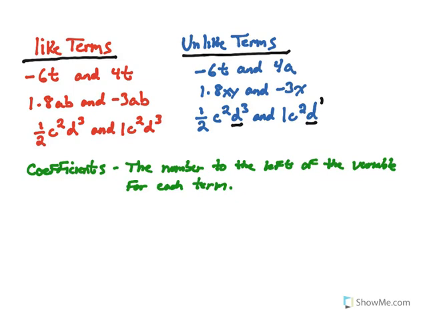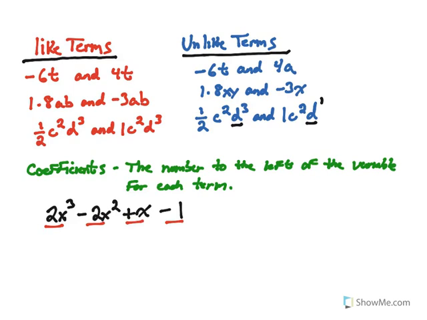So let's say I gave you 2x cubed minus 2x squared plus x minus 1. So we have a polynomial with different terms. Again, we want to identify all the terms. So there's 1, 2, 3, 4.